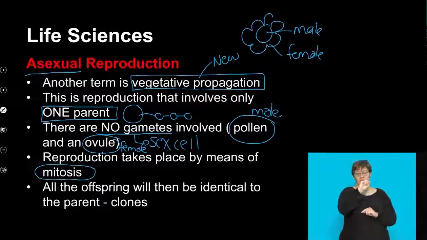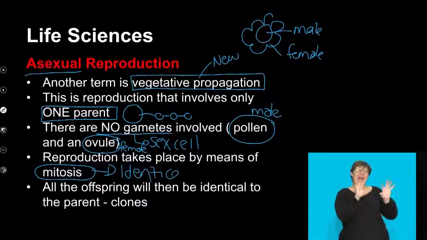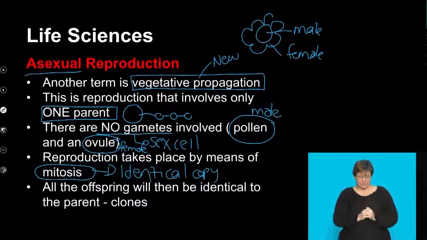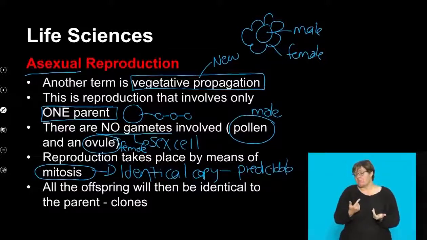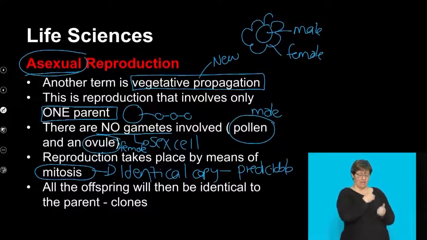So when we look at this process, this is the key word: mitosis. Now, you guys have probably done mitosis before, and mitosis means to make an identical copy. So now I'm going to let you start thinking of this word: predictable. If I am going to undergo asexual reproduction, the process is by mitosis, and that means to make an identical copy.